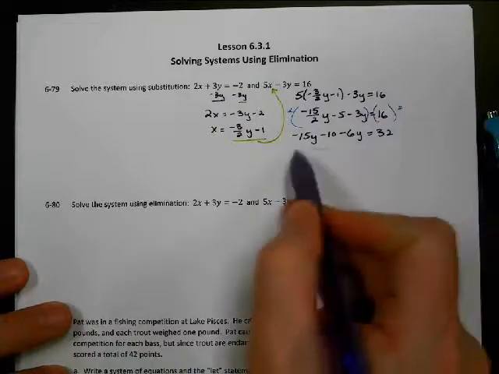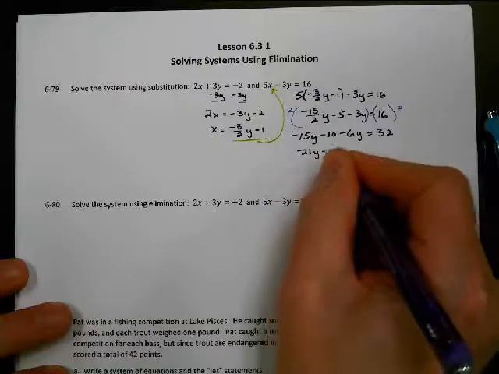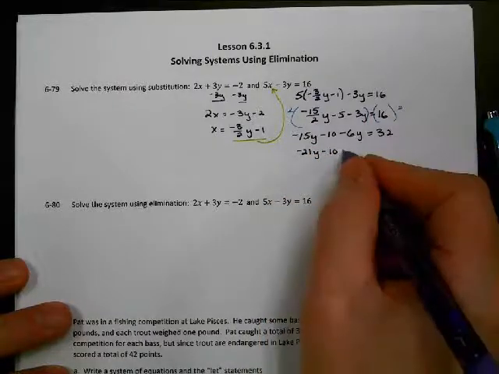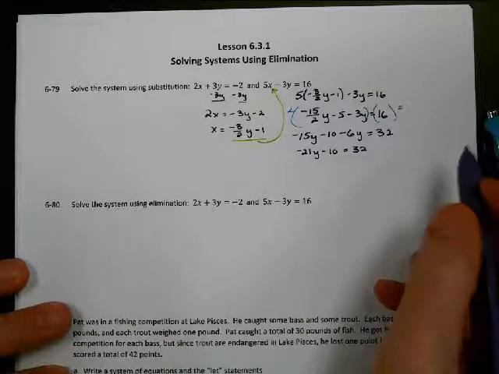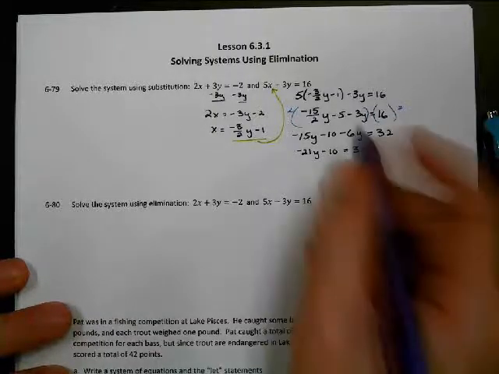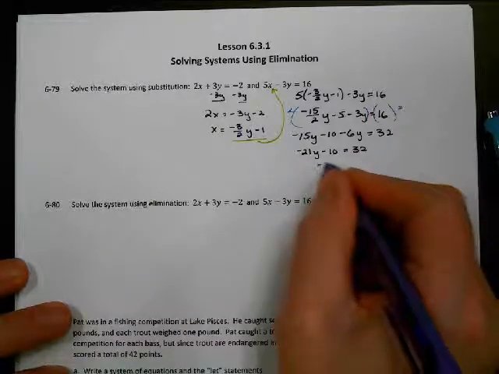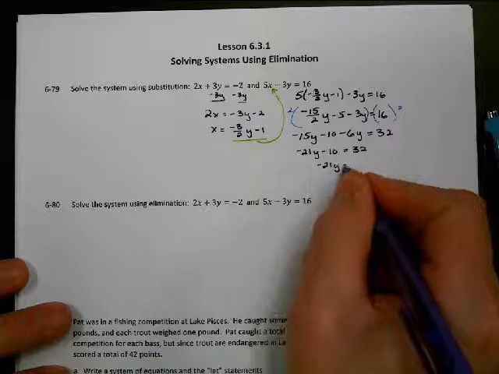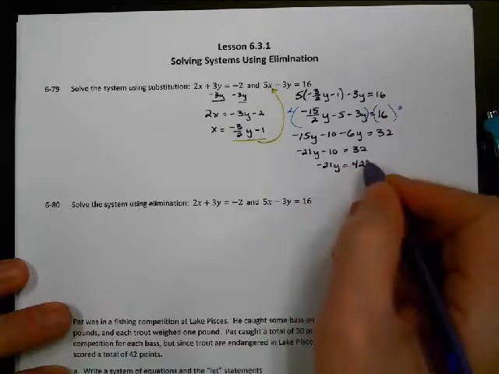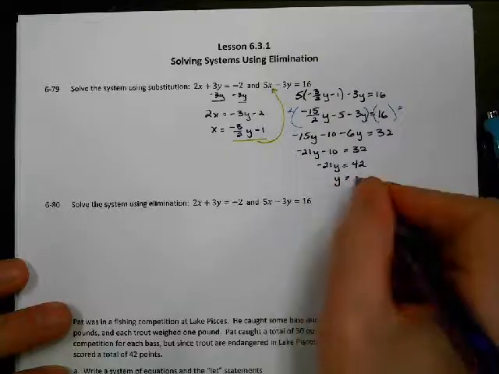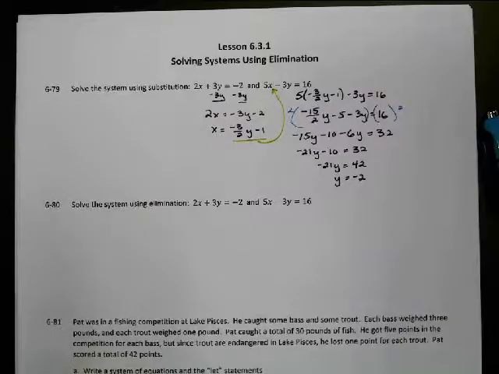I get, let's see, negative 21y minus 10 equals 32. I'm going to add 10 to both sides and get negative 21y is equal to 42. And divide, finally, okay, so I get negative 2 when I divide by 21. Phew, I'm not done yet.